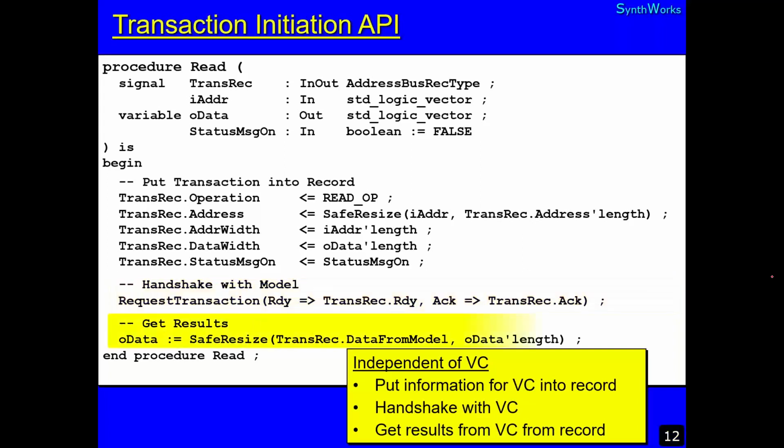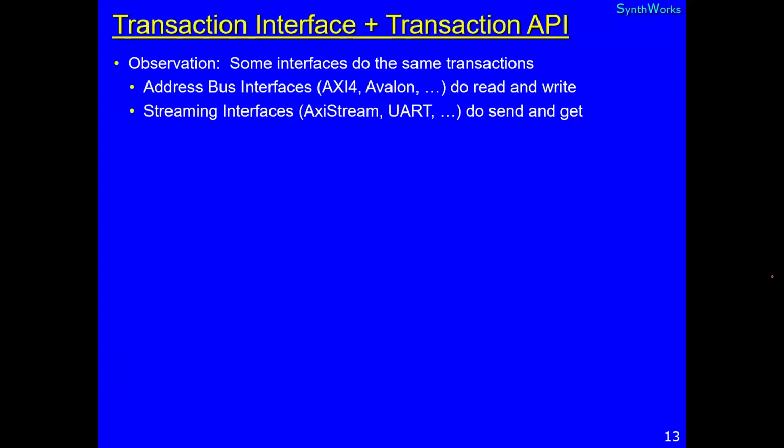And then when it finishes, if we're running a blocking transaction, we grab the results. But keep in mind, we also have non-blocking transactions that just dispatch and complete immediately. And all that is up to the discretion of the verification component as to what its objectives are and what it needs to implement.